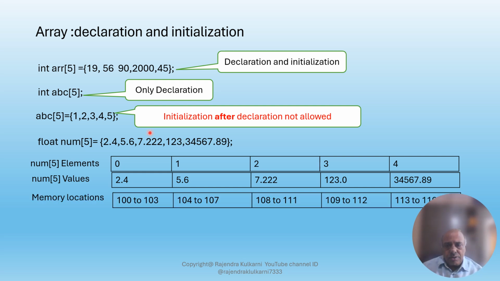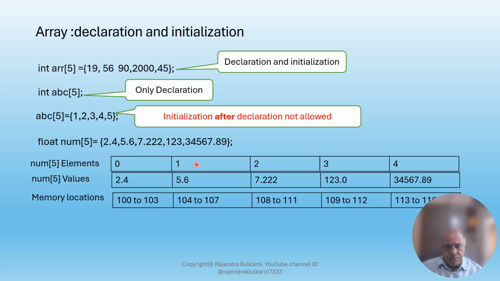What memory locations are being allotted? Suppose the compiler allots 100 as a starting address for this array. Then the 0th element will occupy memory locations 100 to 103.